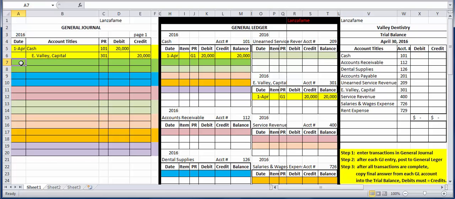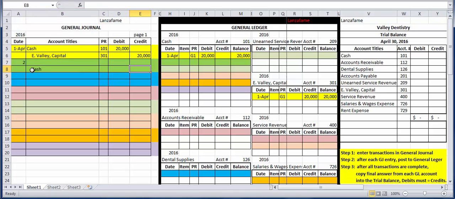So let's go on to the next transaction, which is the second. And on the second, it says paid. Ding, ding, ding. You hear the word paid, or you're seeing the word paid. As soon as you see the word paid, instantly we know we're going to credit cash. Automatic. You see the word paid in the sentence, automatically credit cash. So let me skip the debit and let me indent the word cash.